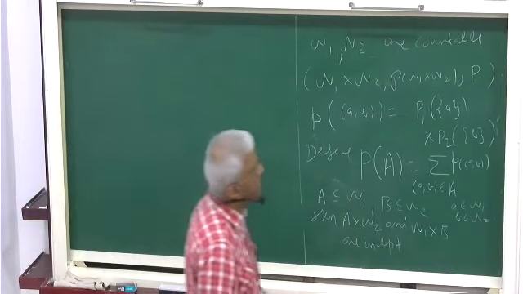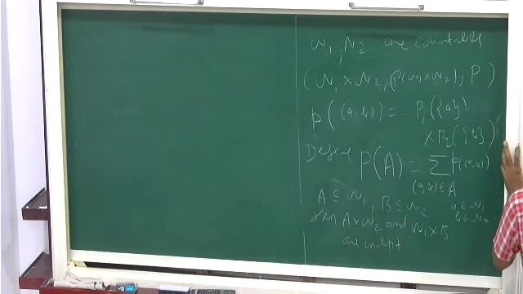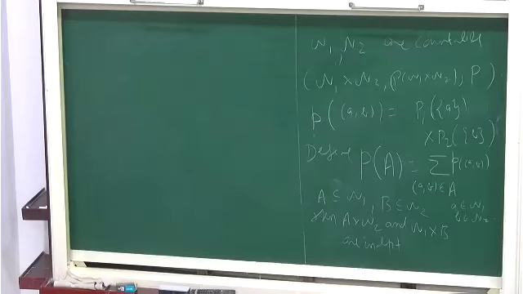This example is what is called Bernoulli. Bernoulli is the case n equal to 1. In general this is called binomial; whatever probability mass function I write here is what is called binomial.